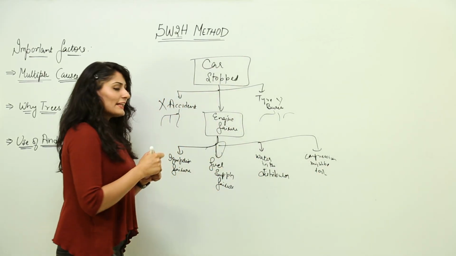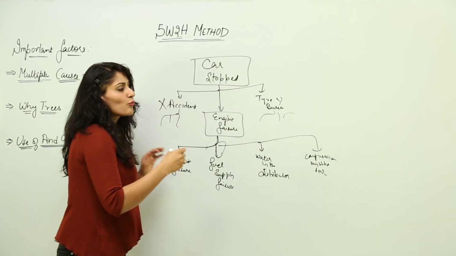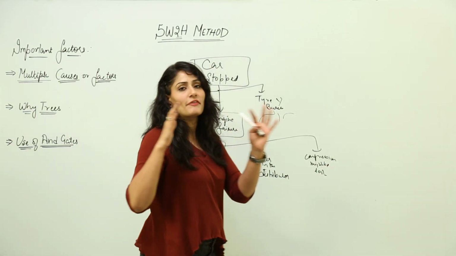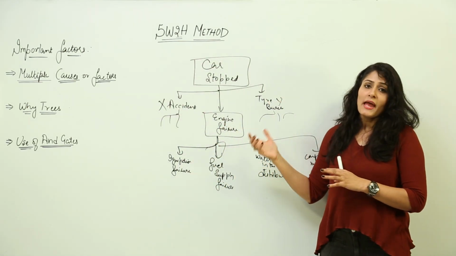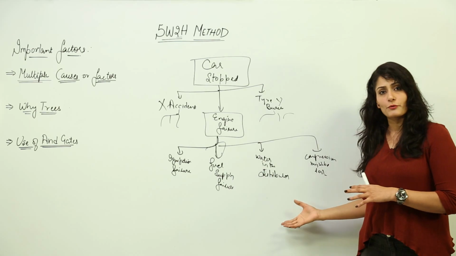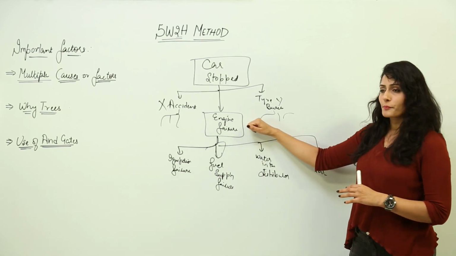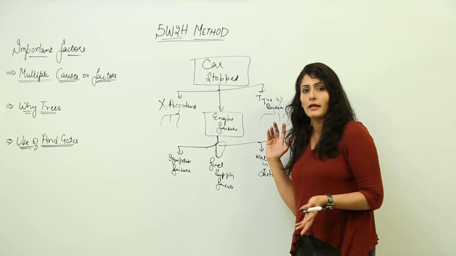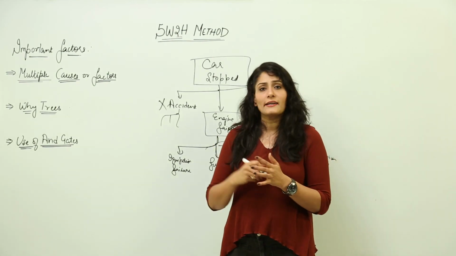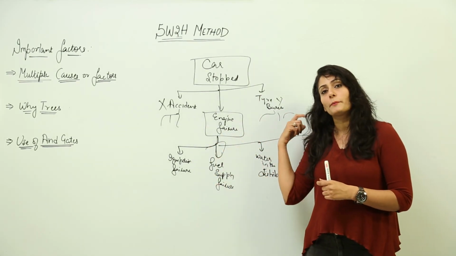Right. So basically when I say we branch out, we have all the possible factors which could have led to this failure, and then we can choose the appropriate one, because otherwise if we do not branch out and simply answer that the engine has failed maybe due to the fuel supply lost, it might not be the right option.